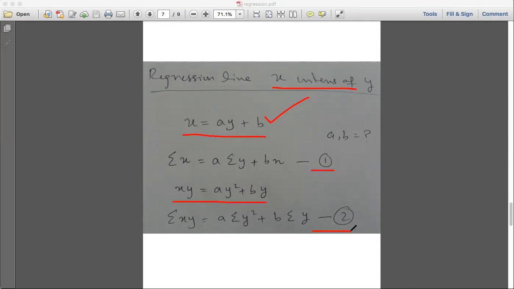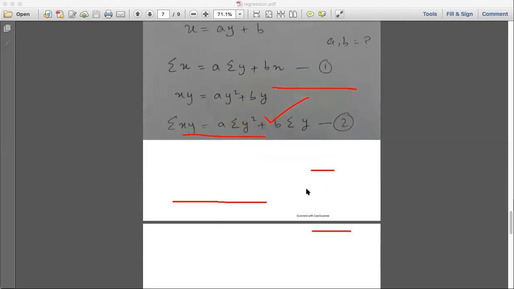Same to same we need to apply. The method is same, but here the equation is different. We have the form x is equal to ay plus b. Here in the regression line, x is depending on y and y is independent. So in regression we study the relation between dependent and independent variables.